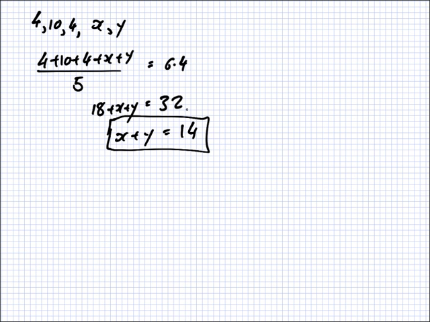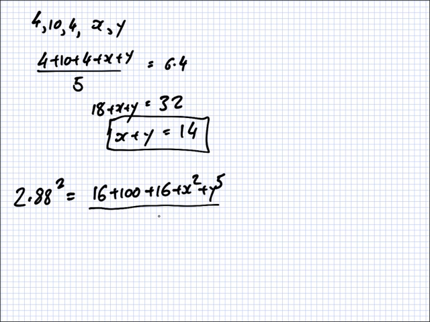So that means here 2.88 squared equals 16 plus 100 plus 16 plus x squared plus y squared over 5, minus, and then I'm using this formula, y squared minus 6.4 squared.